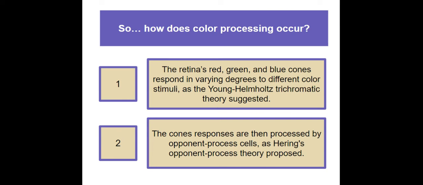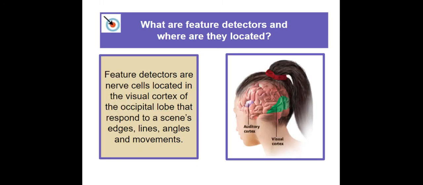Anyway, let's talk about feature detectors, the last part of this module. Feature detectors are nerve cells located in the visual cortex, and they look at edges, lines, angles, and movements. Why are those important?